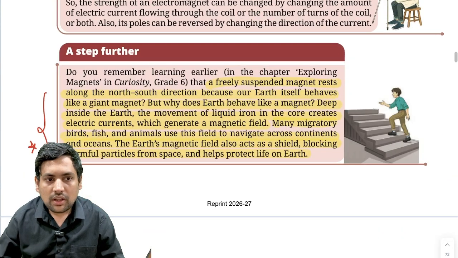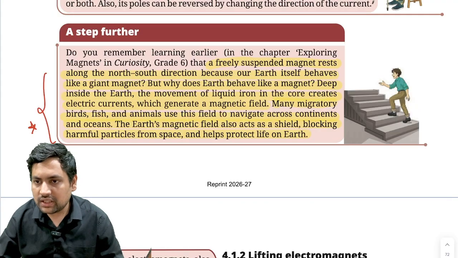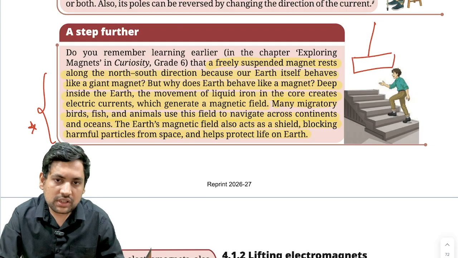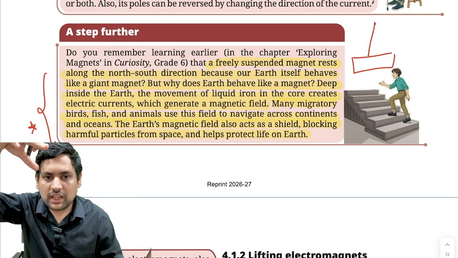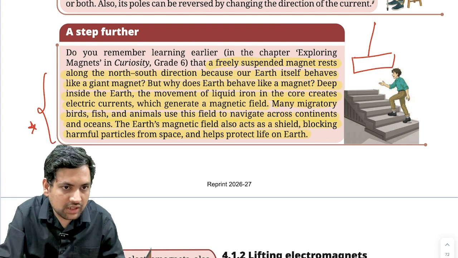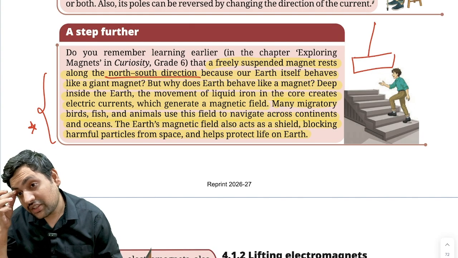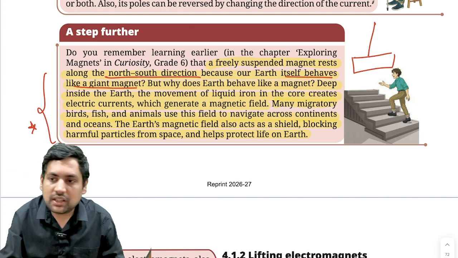Now see this. Now it talks about what a freely suspended magnet does. You might have seen this in earlier classes also, that if you suspend a magnet like this, a freely suspended magnet always rests in the north-south direction. Why north-south direction? Because our earth itself behaves like a giant magnet.